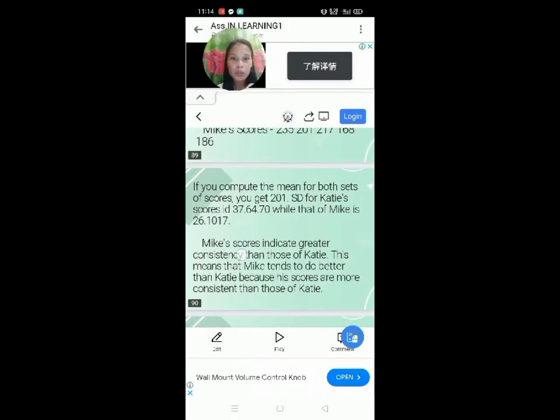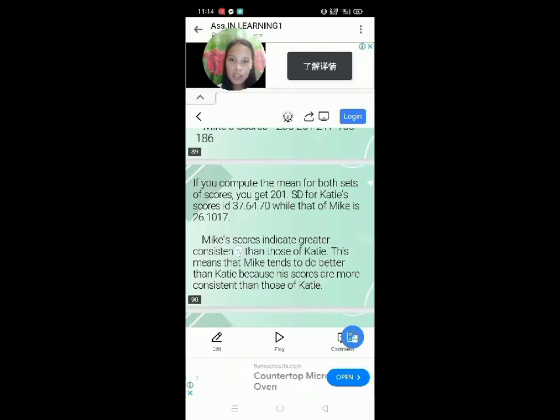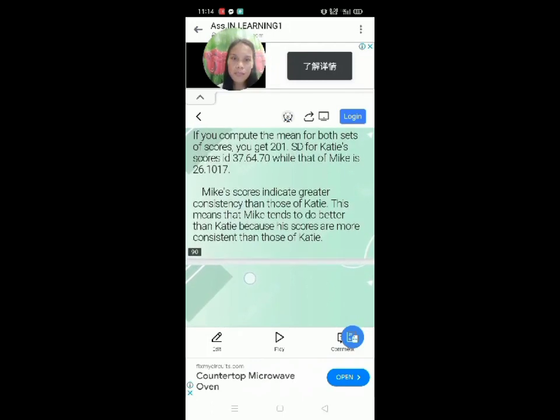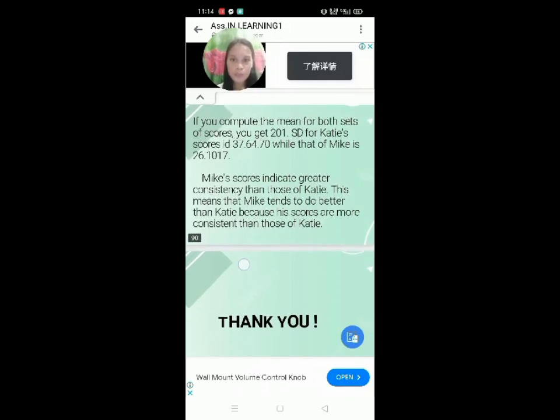The standard deviation for Kitty's scores is 37.6470, while that of Mike is 26.1017.